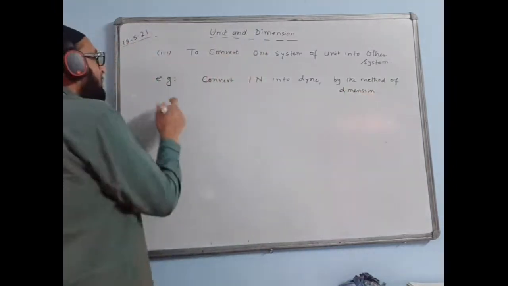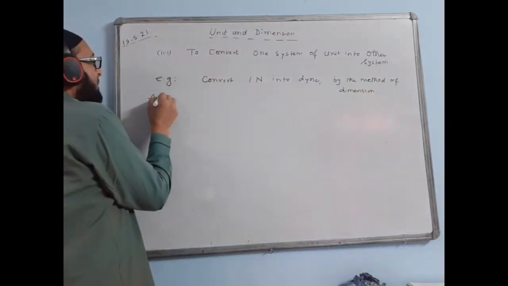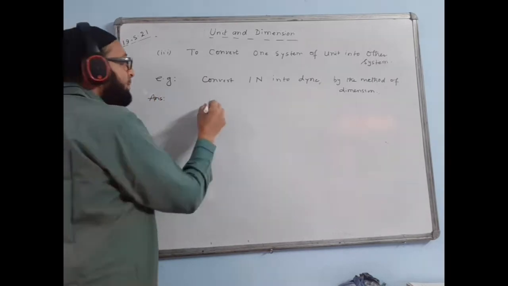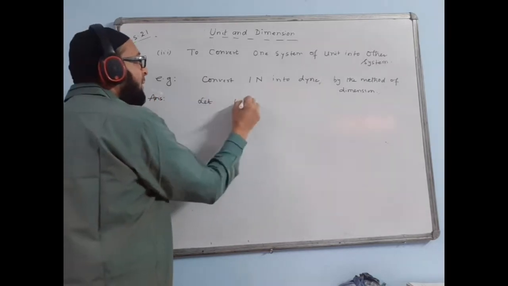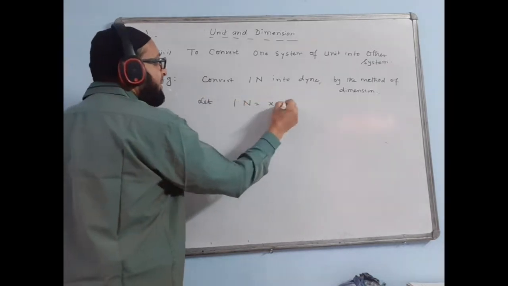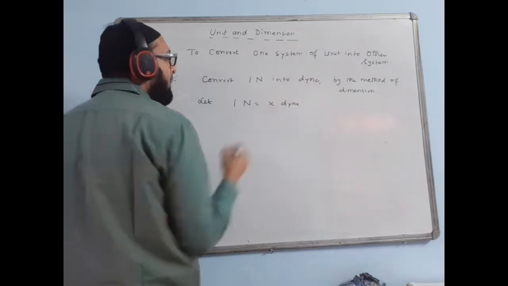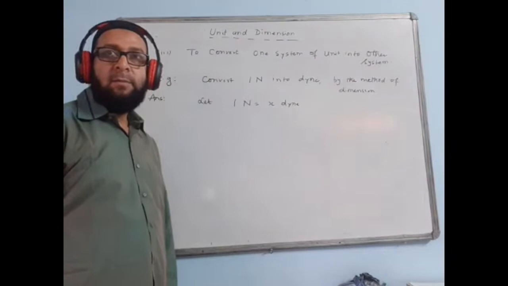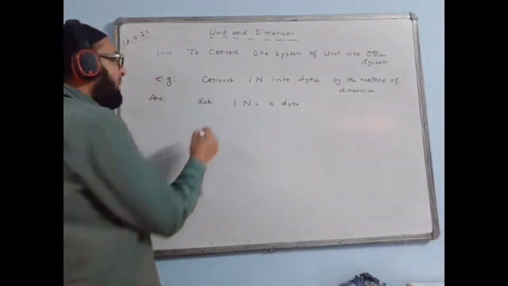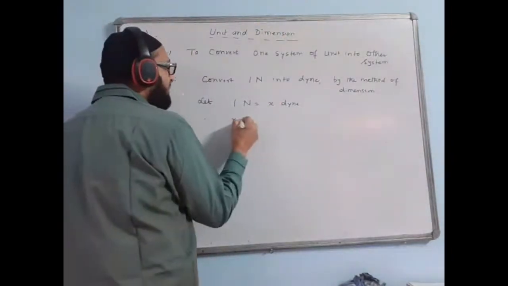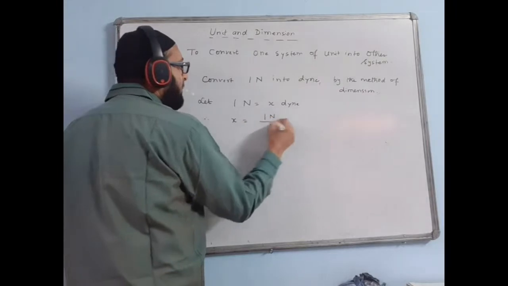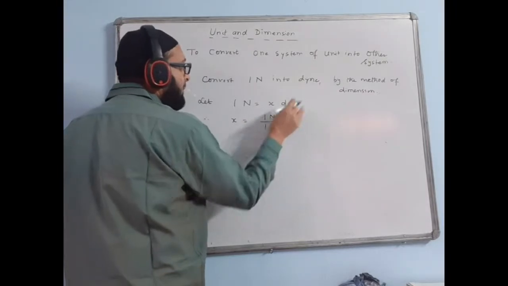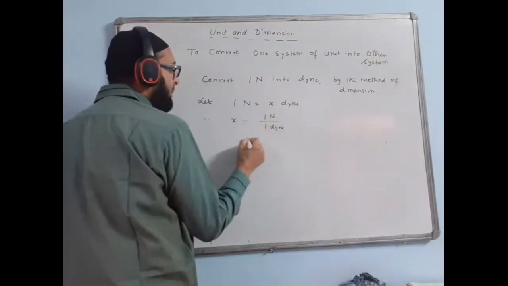You know how we can do that. We can calculate: 1 Newton is equal to x time. Let us suppose 1 Newton is equal to x time. We make x the subject of formula. Therefore, the x value will come as 1 Newton upon 1 time. This time is coming from the denominator.